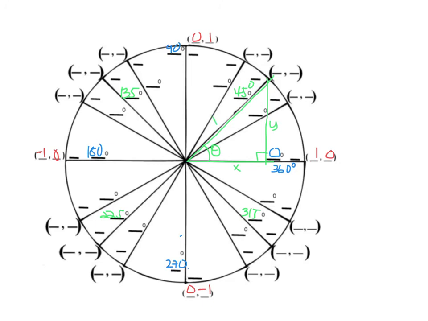If this side is 1, I'm not going to go through all of the work to find this side, but I'll tell you how it is. You do not need to write this. Since we know that x and y are equal, we can rewrite it like this, and then we can solve for my x value. If I do that, I find that my x value is radical 2 over 2. My y value here is exactly the same, so that's also radical 2 over 2.